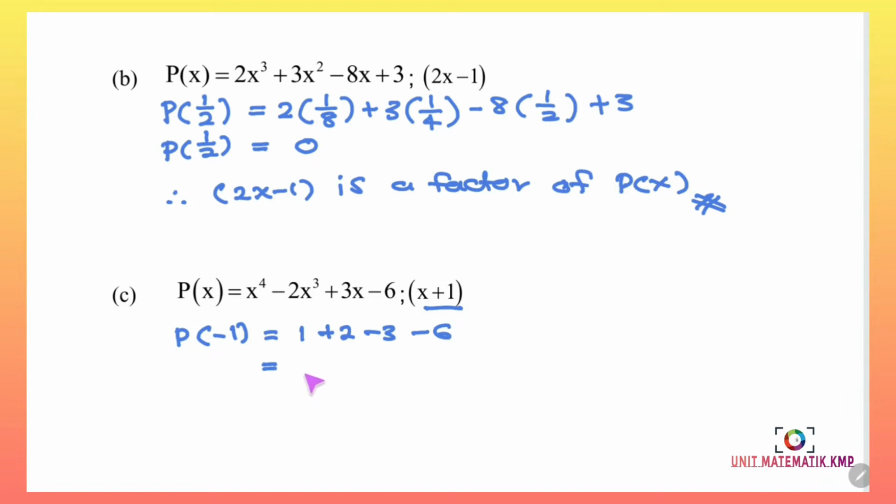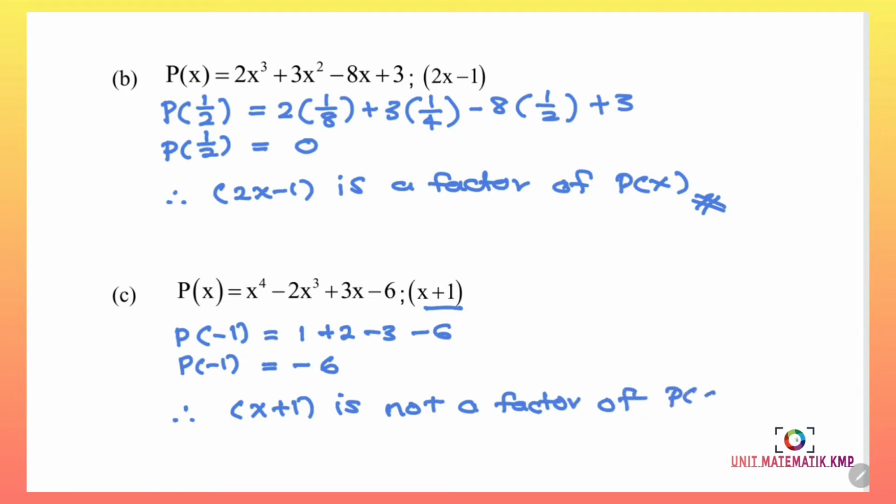The answer is negative 6. Since we have a remainder here, not 0, the conclusion is, therefore, x plus 1 is not a factor of the given P(x).